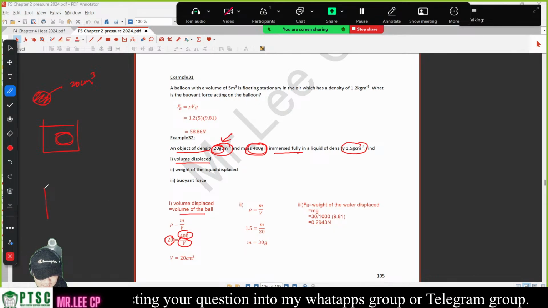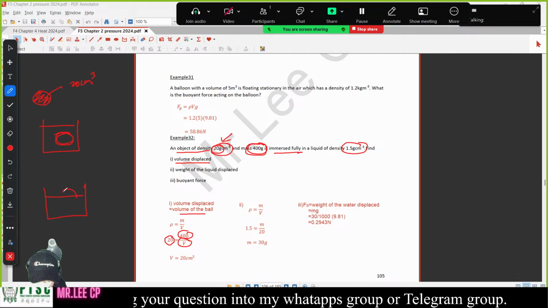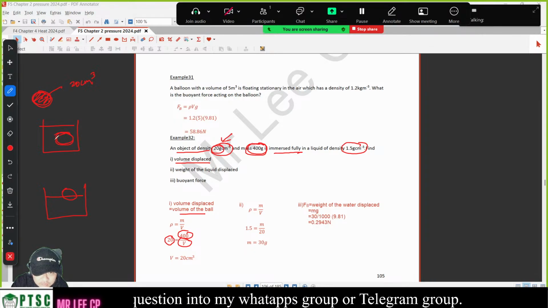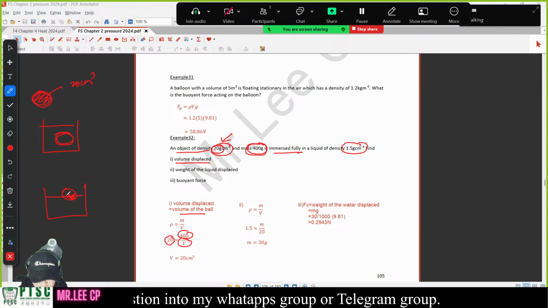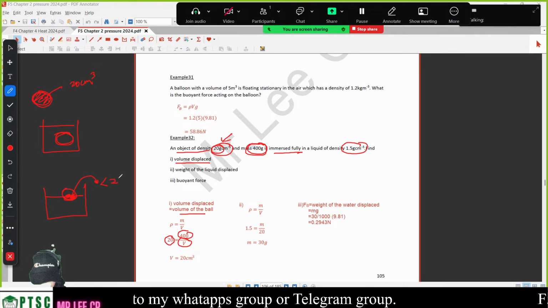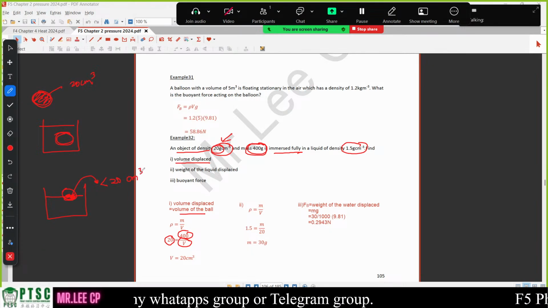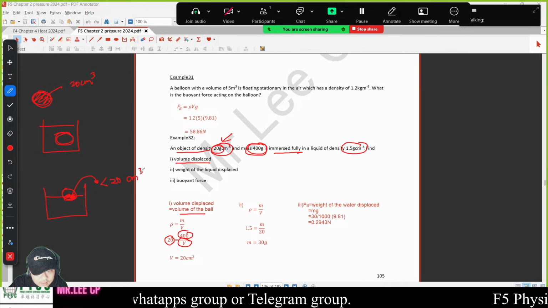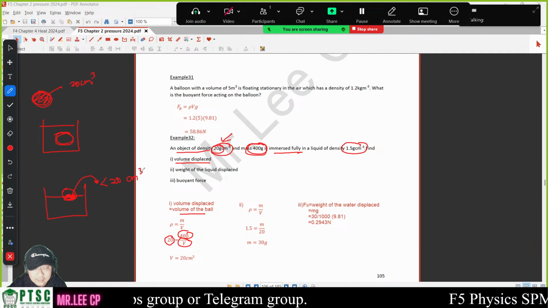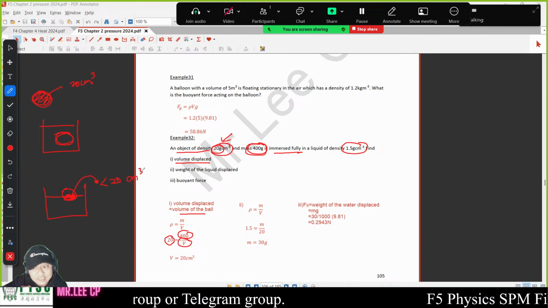But if it is partially immersed, then it will be another story. Because if this 20 does not go in fully, then this one is less than 20 cm cubed. It will be less if it is floating, or they call it partially immersed.